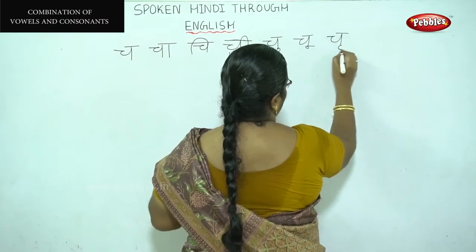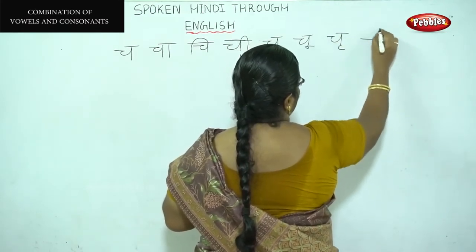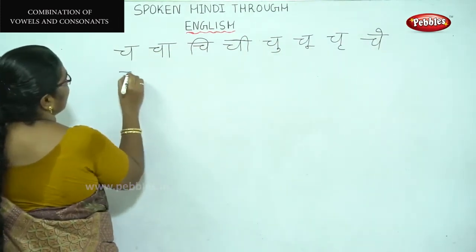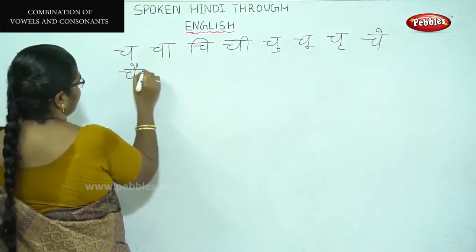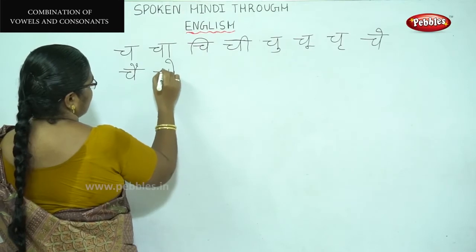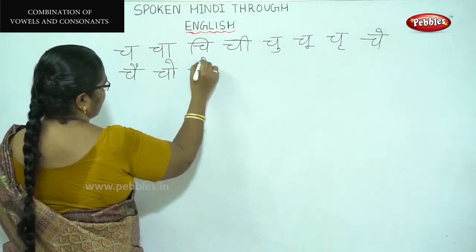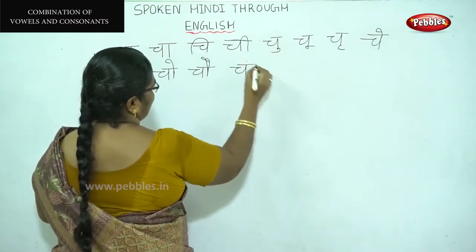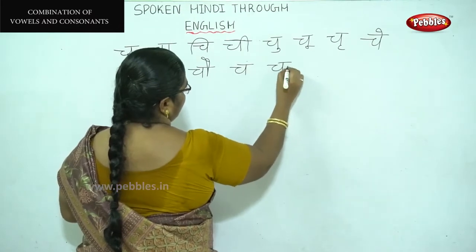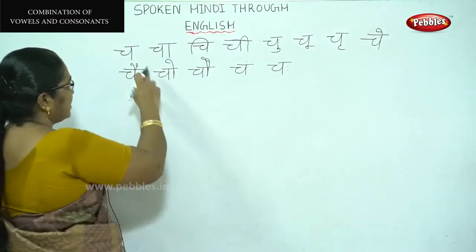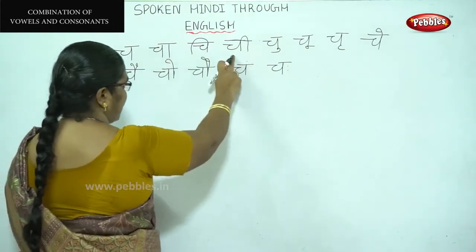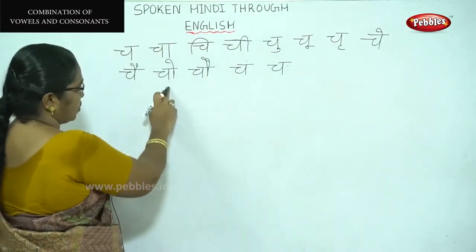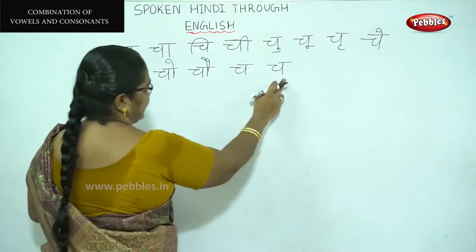The next one is chru. The next is che, chai, cho, chau, cham, chah. See: cha, chi, chu, chru, che, chai, cho, chau, cham, chah.